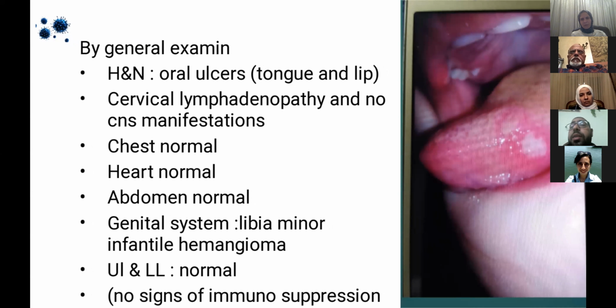Chest was clear, heart normal, abdominal examination normal. Genital examination showed a labia minor infantile hemangioma; upper and lower limbs were normal. No signs of immunocompromise by asking about recurrent fever, recurrent illness, her mother and father; all was normal.